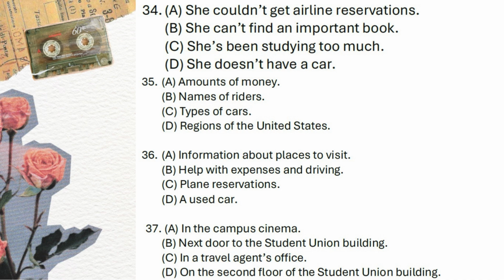Number 34. Why does Gloria look unhappy? Number 35. According to the man, what do the numbers on the boxes at the ride board indicate?